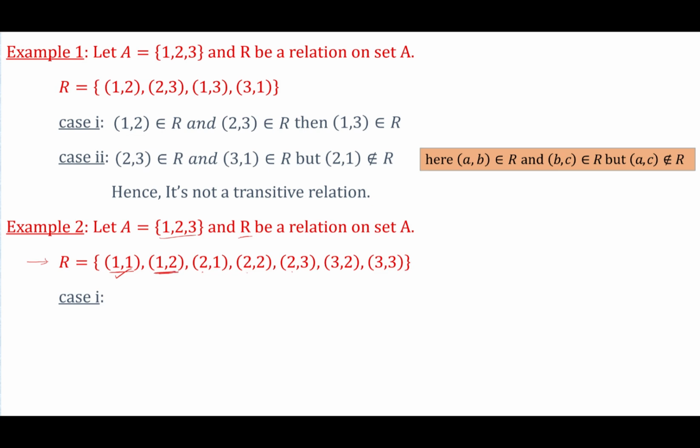In case 1, (1, 2) is there and (2, 1) is also there. So (1, 1) must be there. Yes, in my relation, (1, 1) is there. So this one is satisfied.